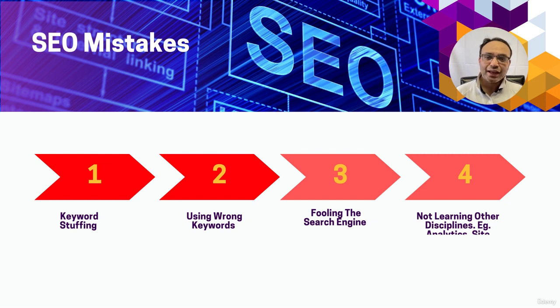The next mistake SEO people or SEO personnel make is that they are not learning other disciplines. Now, we have talked about Google Search Console and understanding what web pages are driving more traffic, and then optimizing your web page or website accordingly is more fruitful, more useful for your business.